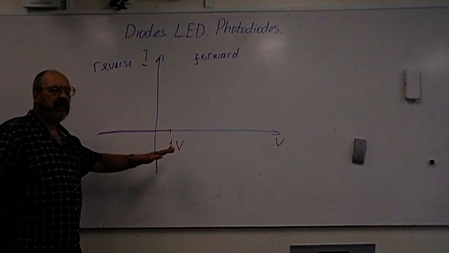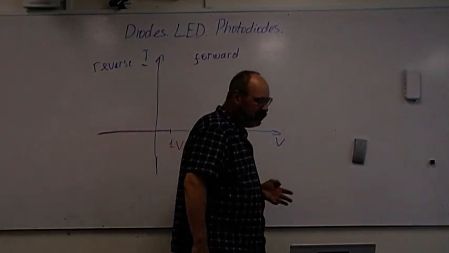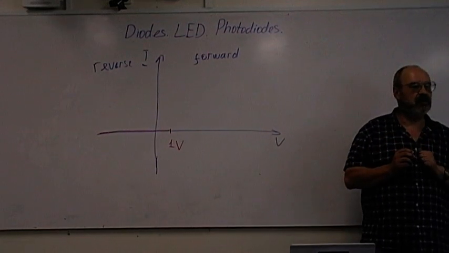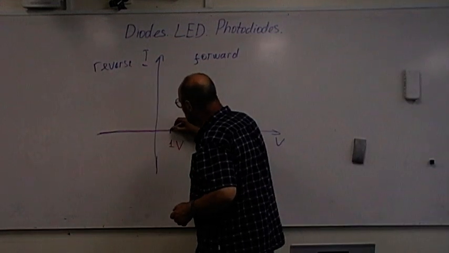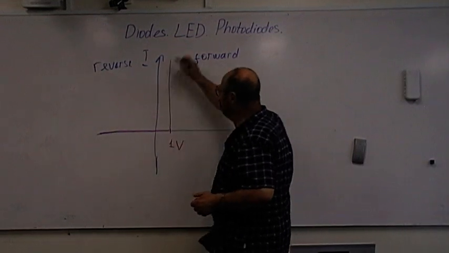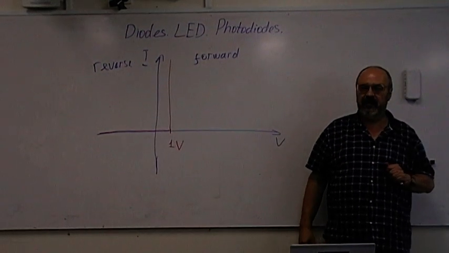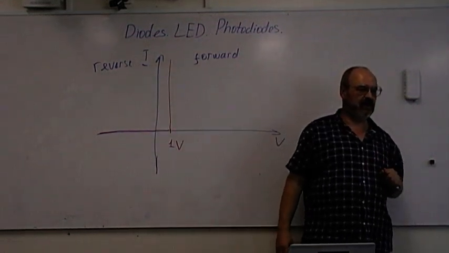Then when the applied voltage becomes equal to the voltage across the PN junction, the diode opens and current goes through. As I'm saying, in an ideal diode it will go straight up. That is the current-voltage characteristic of the ideal diode.